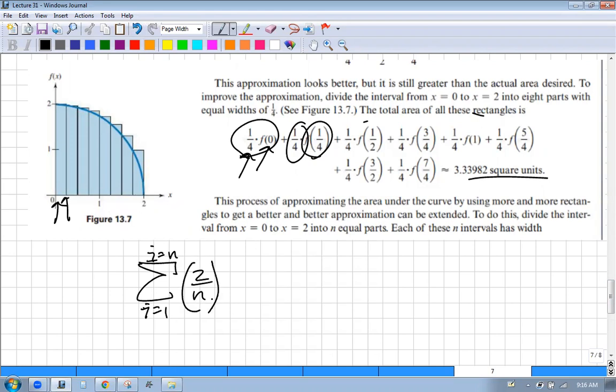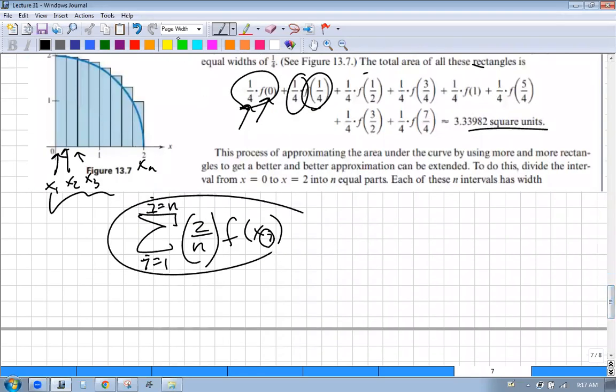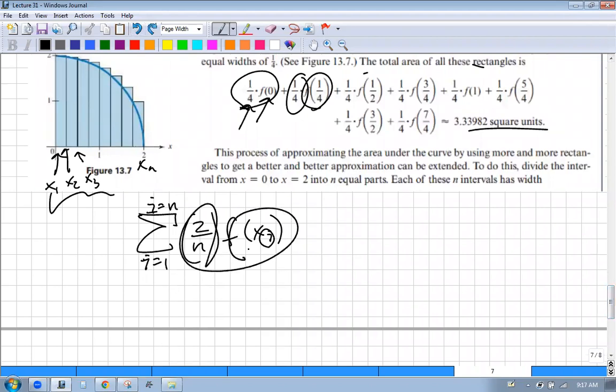That's your width. Then you need your height, so this would be f of x sub i. So this would be x sub 1, x sub 2, x sub 3, and i goes from 1 up to x sub n. Same kind of structure: a length times a width, or length times a height, and we're adding them all up.